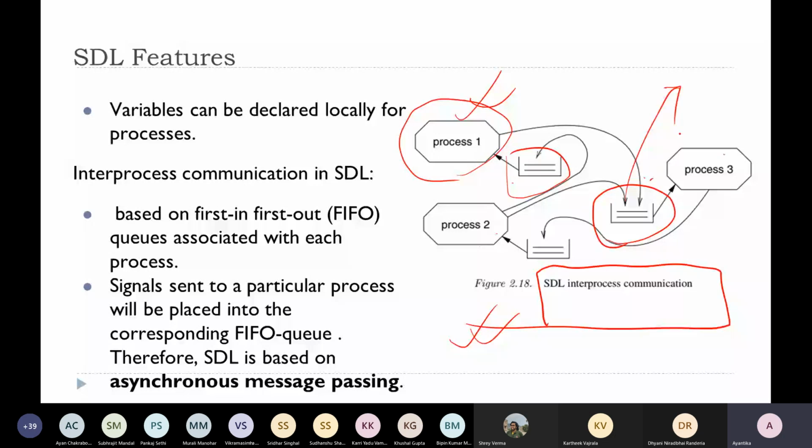Because if you cannot model that, and you allow too large a size for these queues, that means you are not doing proper worst case analysis, and you are just arbitrarily allowing a huge size for this message queue.